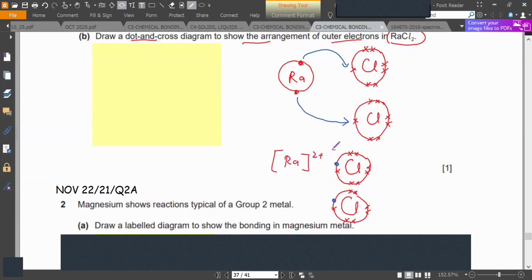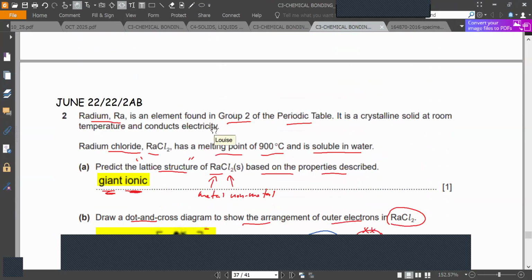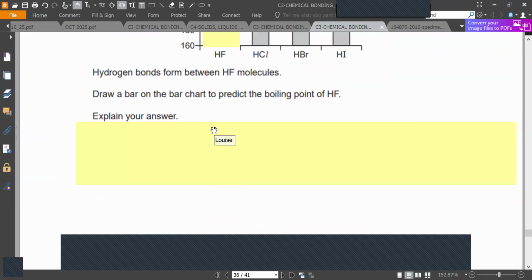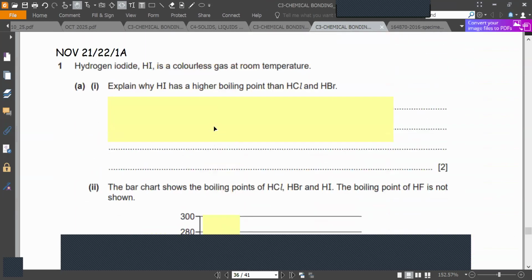So receiving 1 electron gives chloride 1-, and 1-. So this is the dot and cross diagram of this ionic compound, like this. Okay, we start here.